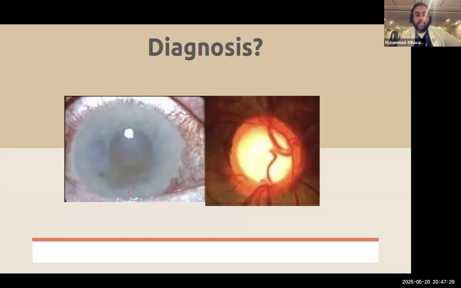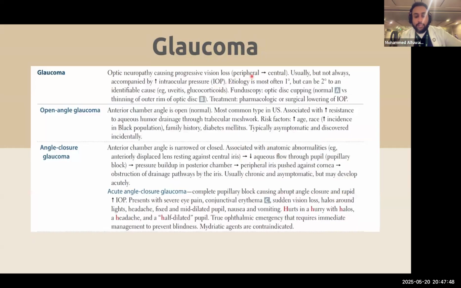And this is corneal edema. This is acute glaucoma. They'll have a dilated pupil, corneal edema, decreased vision, and the optic disc and optic cup ratio changing here. This is a key factor of acute glaucoma.